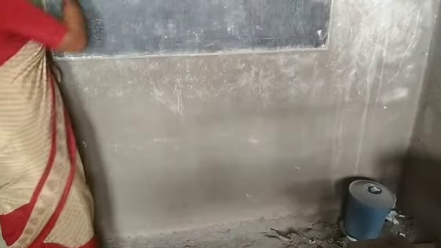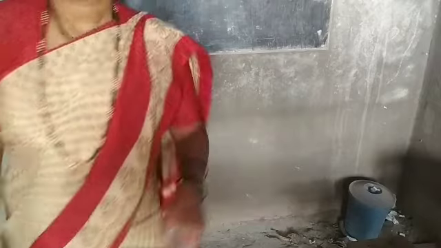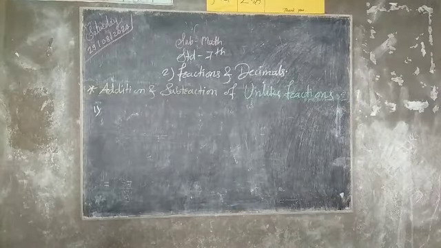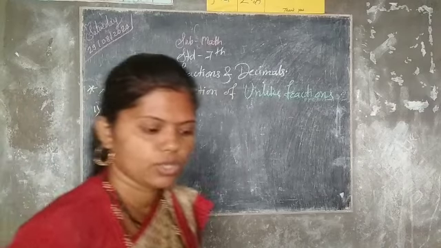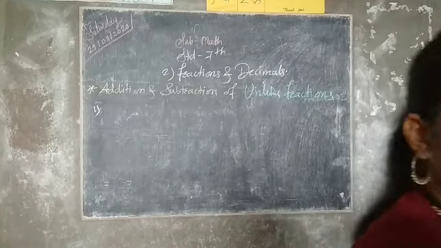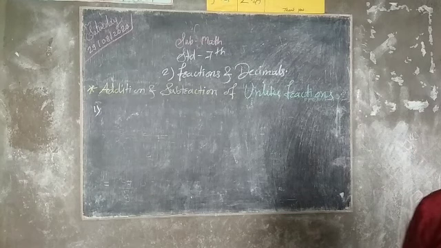So here first, when you are doing addition and subtraction of like fractions, that part is very easy. But if you are doing the addition and subtraction with the unlike fractions, here you have to convert your unlike fractions by a method.